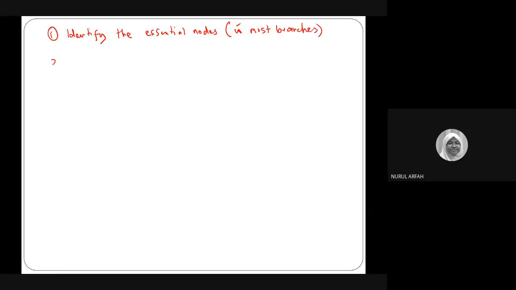And then when you have found that, put a ground zero at the node with the most branches. Then number 3, name every node.